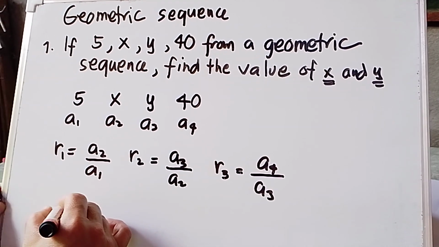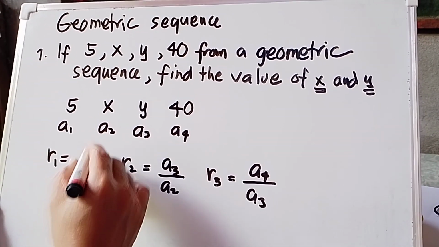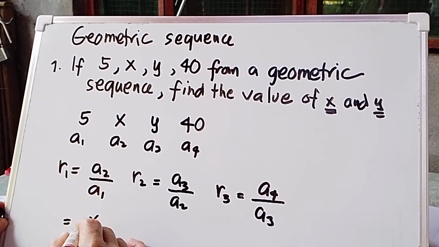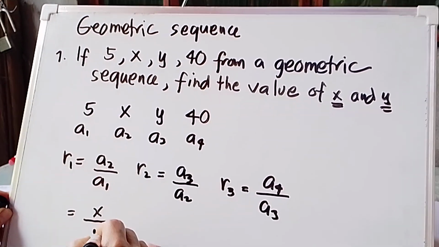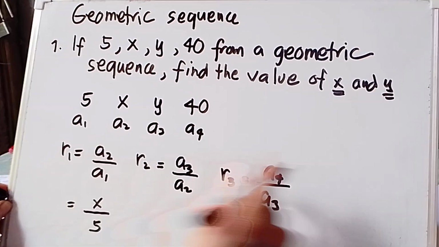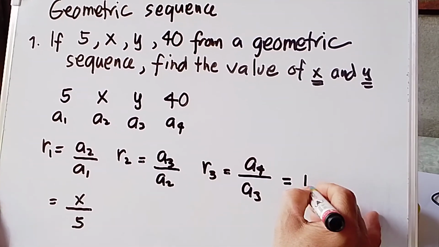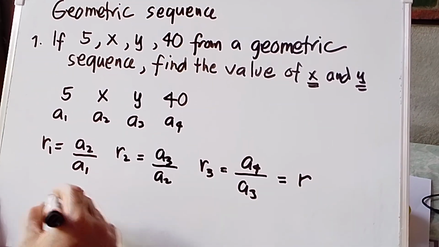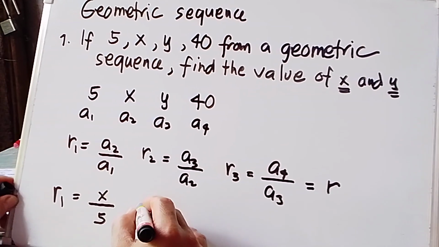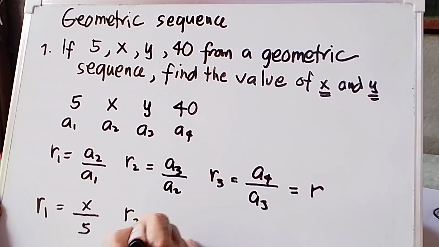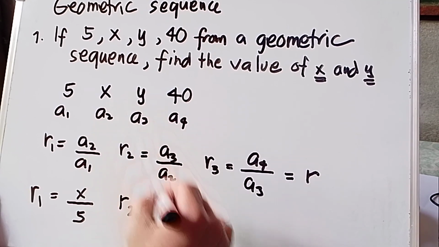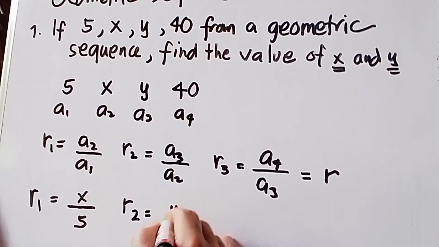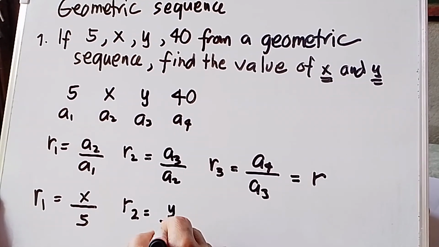Now for r1, a2 is x, and then a1 is 5. By the way, all the ratios are equal to r. So this will be my r1, and then my ratio 2 is equal to a3, which is y, over x.